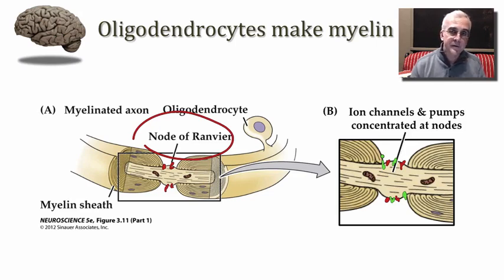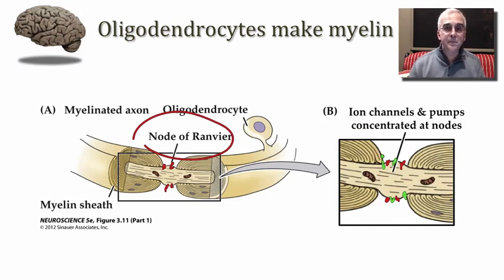There's another advantage here to the presence of myelin, and that is that this node of Ranvier presents a limited space for the concentration of ion channels. Without myelin, to ensure effective propagation of action potentials, one might imagine a much larger number of ion channels would need to be inserted into the membrane in order to ensure propagation.